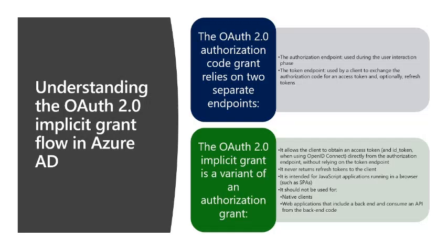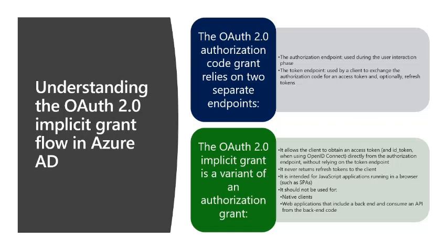So there are two types of grant flow: the authorization code grant and the implicit grant. And we discussed what the advantages and disadvantages are.